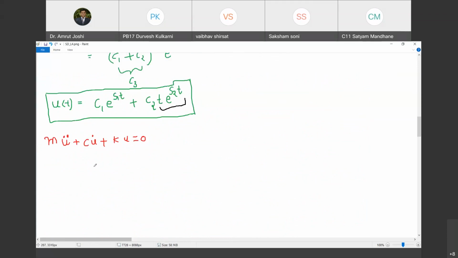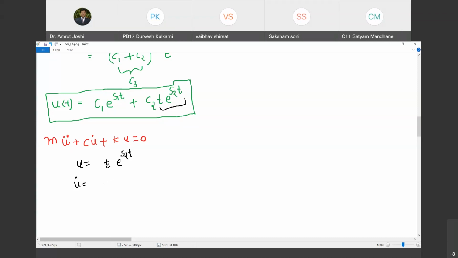Yes, sir. Let me say u is equal to t e raised to s2t is the solution of this differential equation. So can you tell me what is u dot? Tell me, what will u dot be? We will have to apply the chain rule. Agreed? Yes, sir.